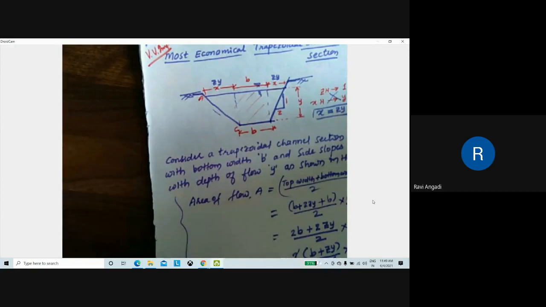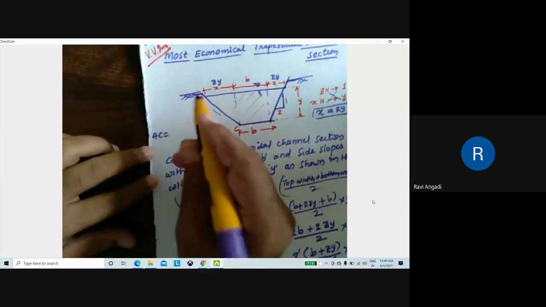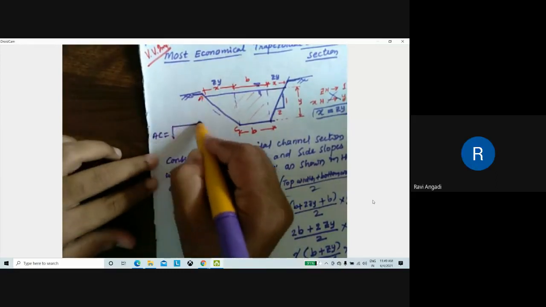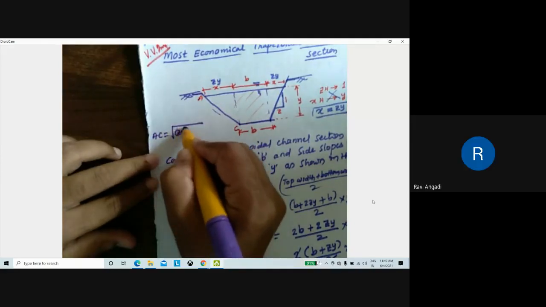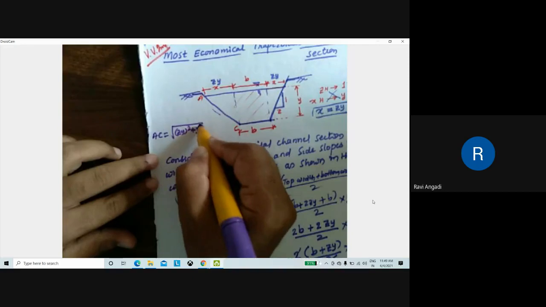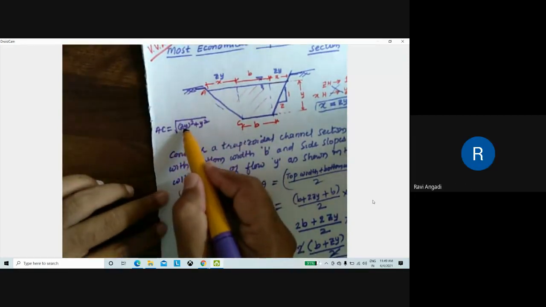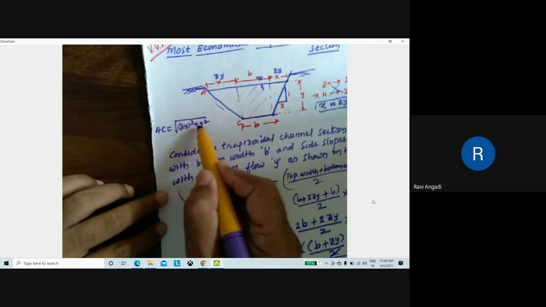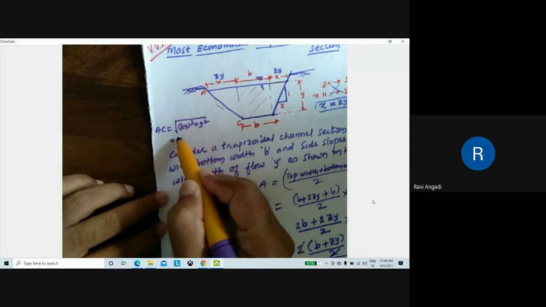So I need AC. How will you get AC? AC equals the square root of ZY square plus Y square, correct? Here we get Y square and Y square. If we take Y square common and it comes out, what will happen?